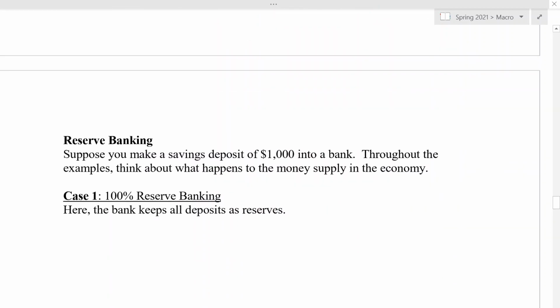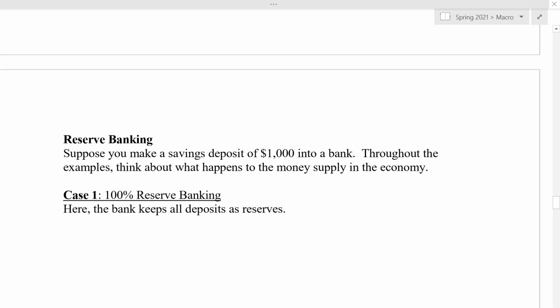So for this, we're going to be using an example, and we're going to start with this idea that I'm going to go to the bank and make a $1,000 deposit. All right. In case one with 100% reserve banking, it's actually going to be pretty simple. The bank keeps 100% of the deposits on reserve, and it doesn't make out any loans.